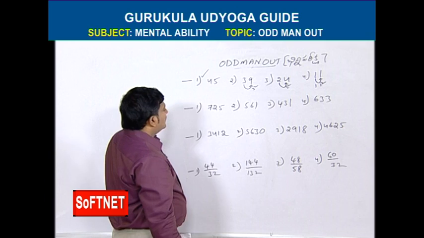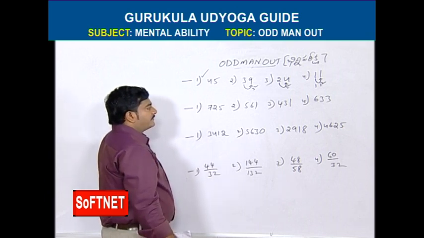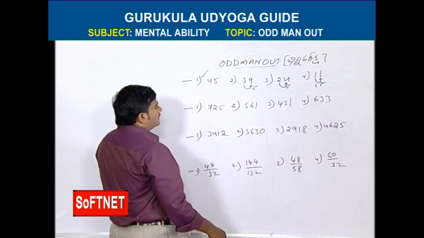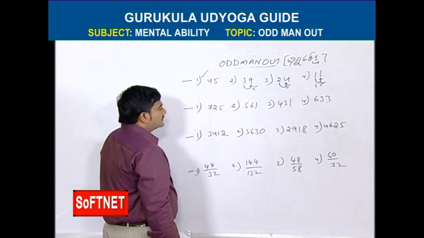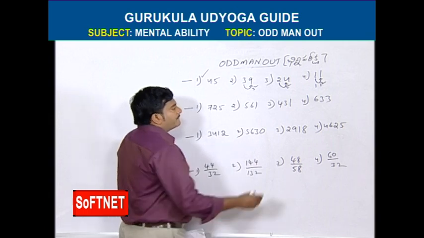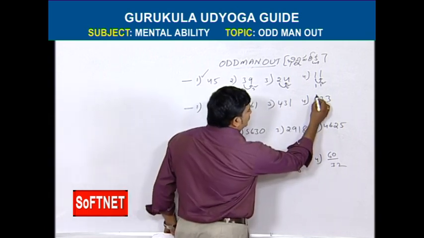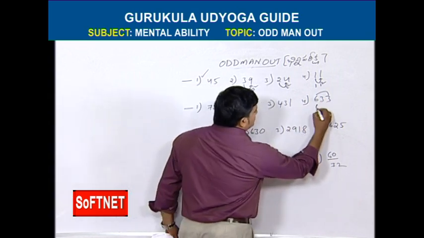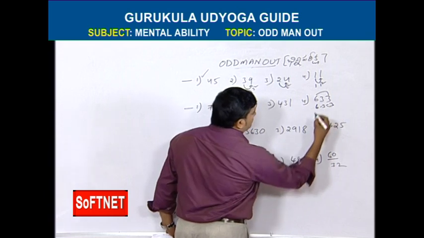Observe this question: 725, 561, 431, 633. The concept involved is to find the difference. Go to the fourth option: 6 minus 3, how much am I getting? 3. 4 minus 1, I am getting 3.